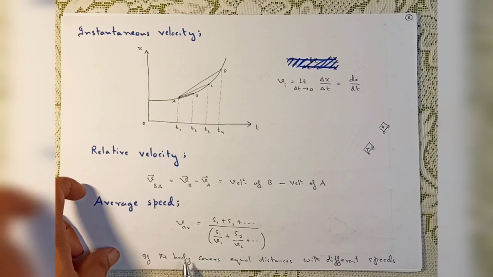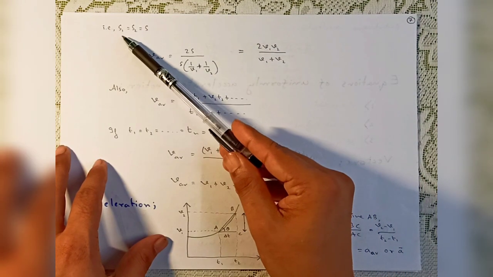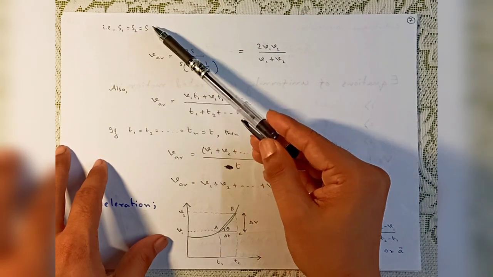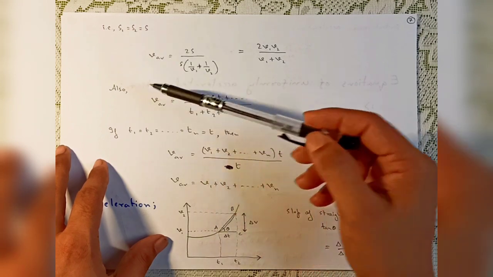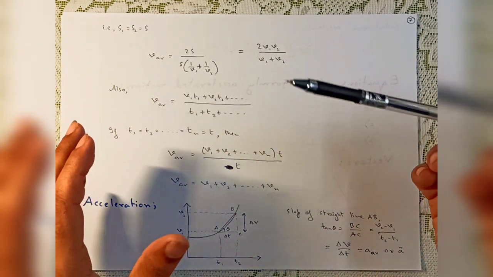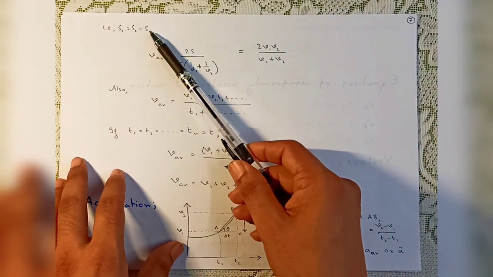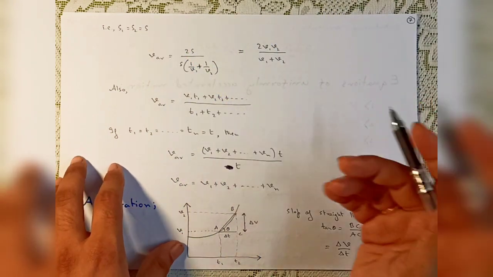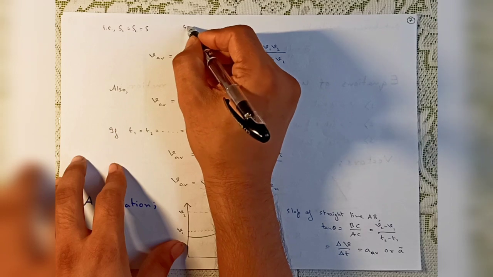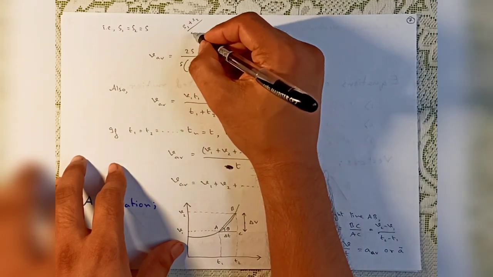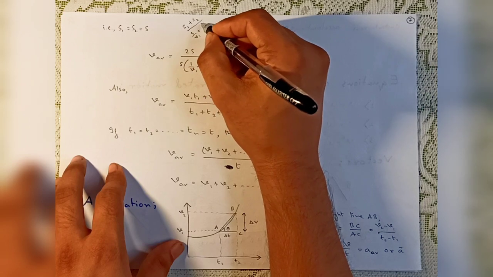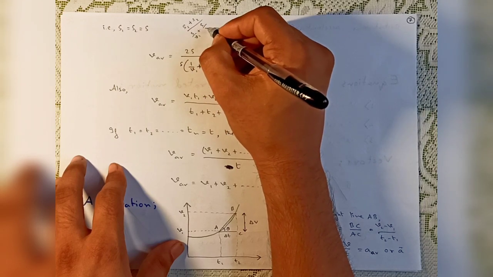Now if the body covers equal distances with different speeds, that is S1 = S2 = S. If this is the condition, covering equal distances, and we are dealing with S1 and S2, then it is S divided by V1 plus S divided by V2.